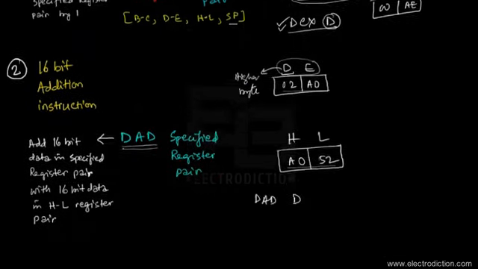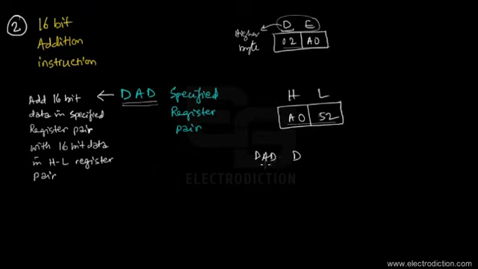So if we write DAD D, and once this instruction gets executed by the 8085, the content of the HL register pair changes. The 16-bit data now contained in the HL register pair is the result of the addition between the 16-bit data in the DE register pair and the one that was previously present in the HL register pair, which was A052.